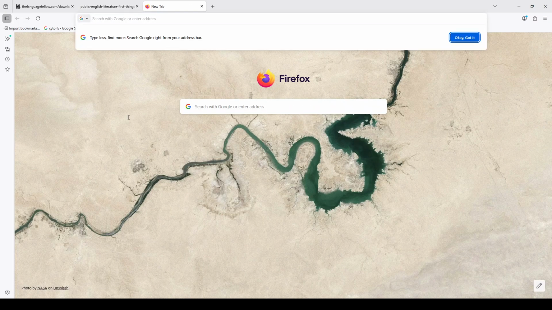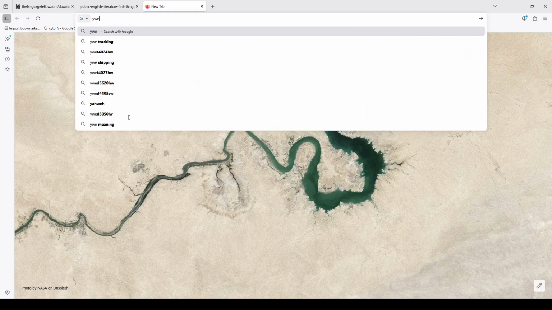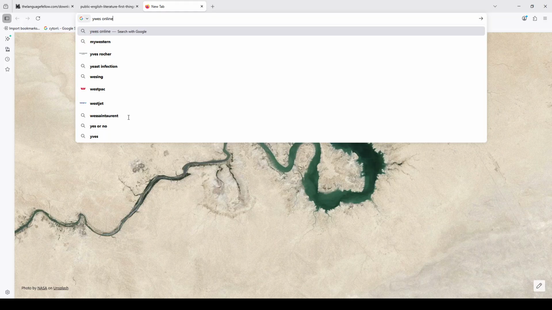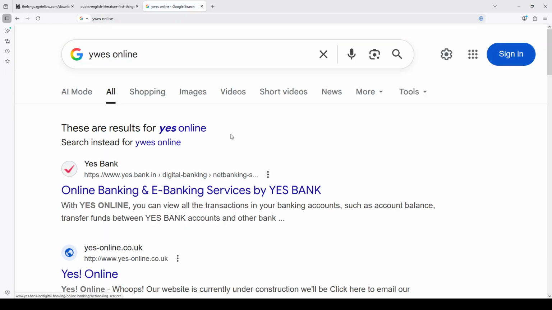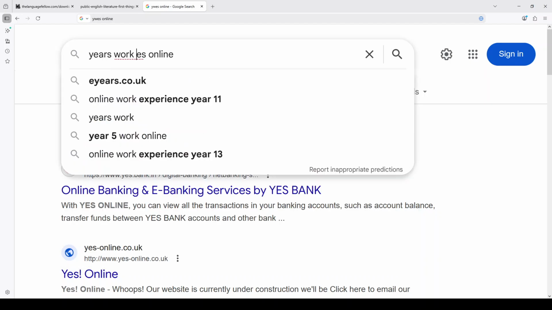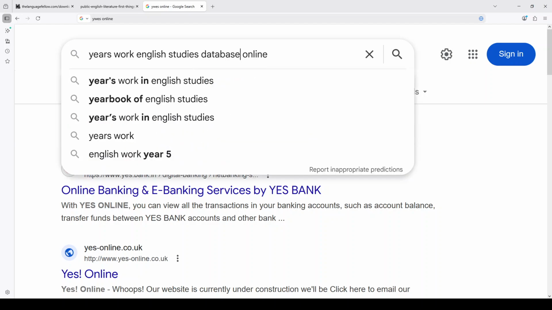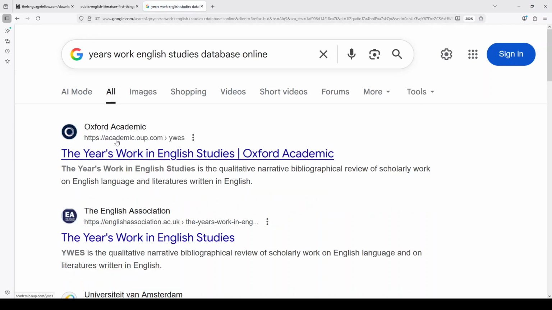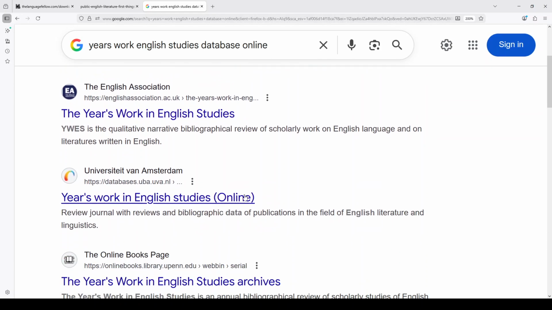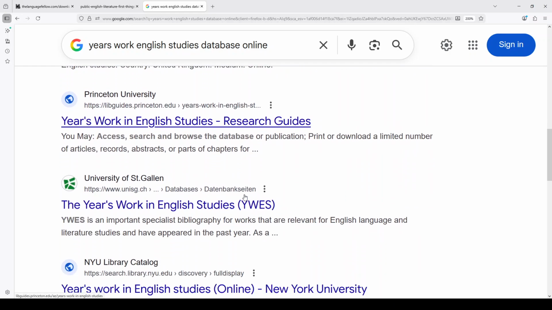So academic databases, for example, Year's Work in English Studies, YWES, online. Year's Work in English Studies database online. It may be that it requires access.